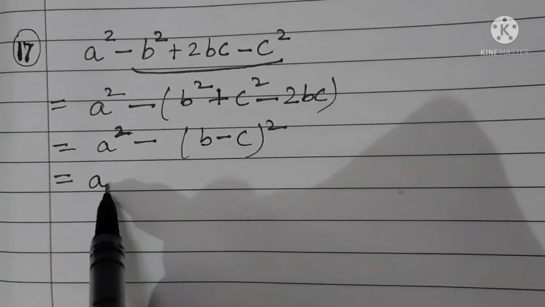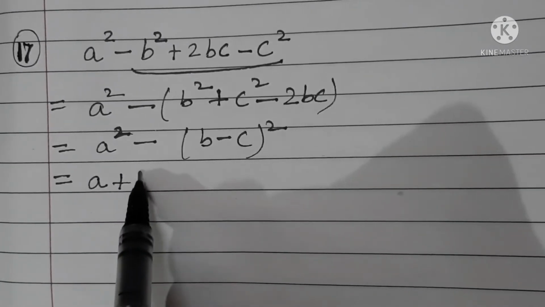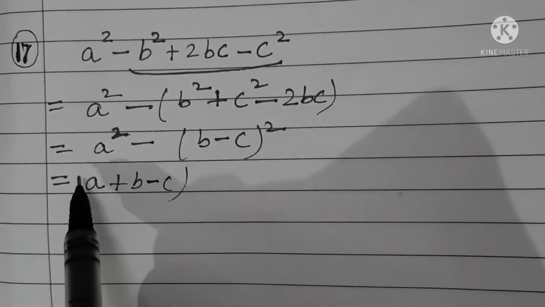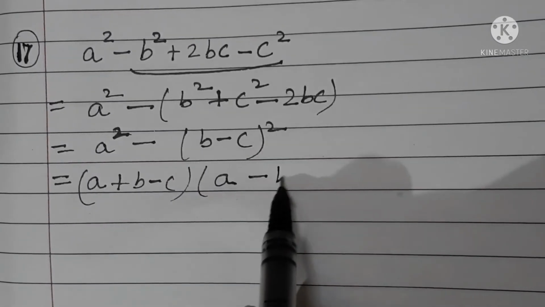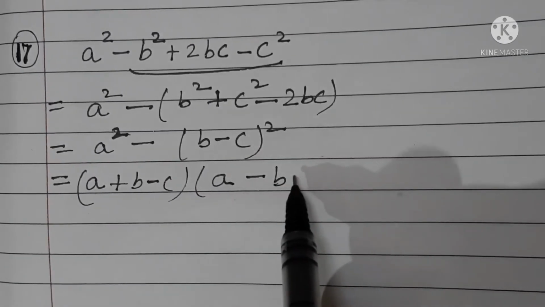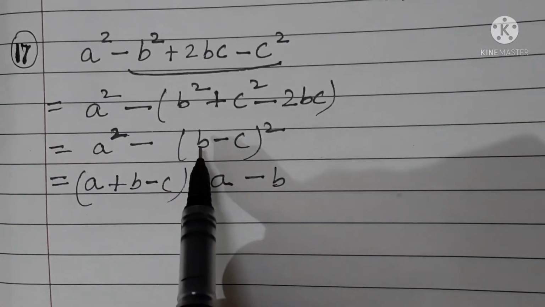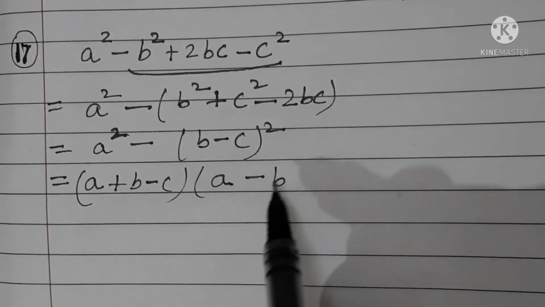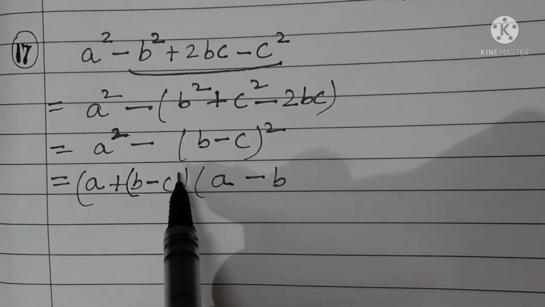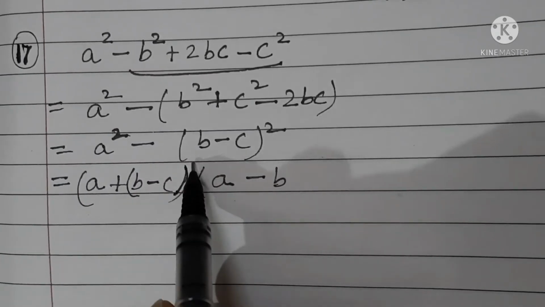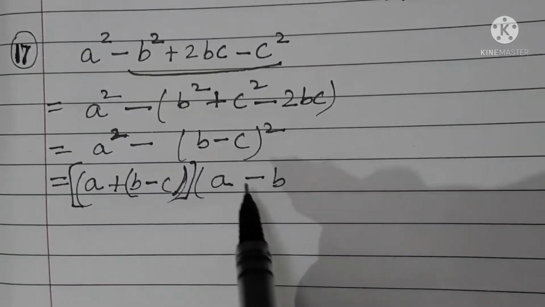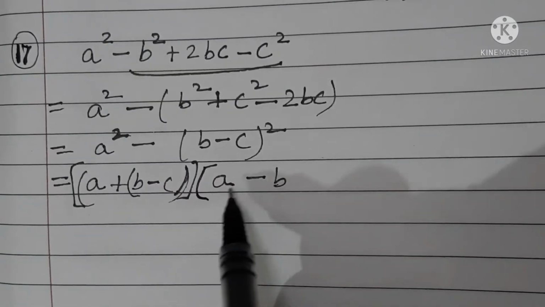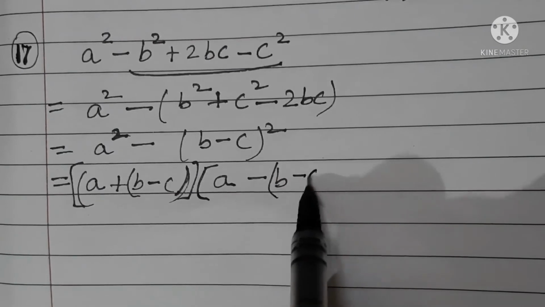So write down (a + (b − c))(a − (b − c)). Write it down like this, otherwise you will wonder how it comes. (a + (b − c)) and (a − (b − c)).